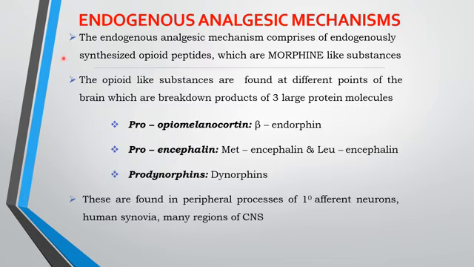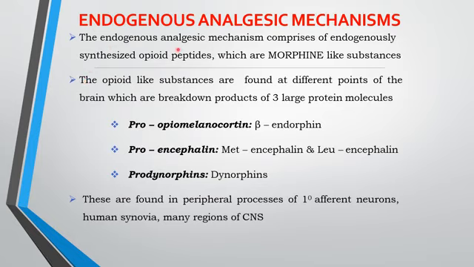Endogenous analgesic mechanisms. So these are the pain decreasing mechanisms which are present inside the body. Endo means inside. Normally inside the body we have pain reducing mechanisms. Without taking any medicines or any treatment, nature has designed our body to automatically reduce pain.